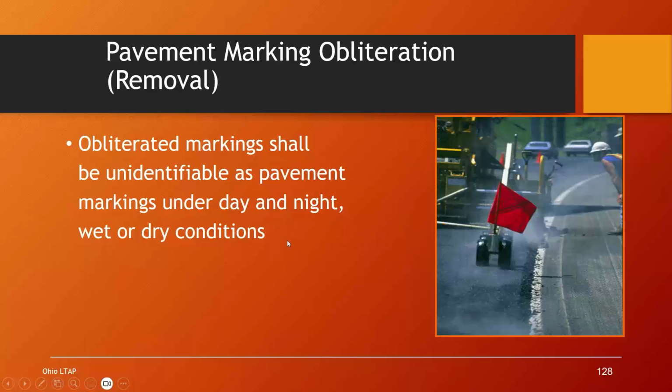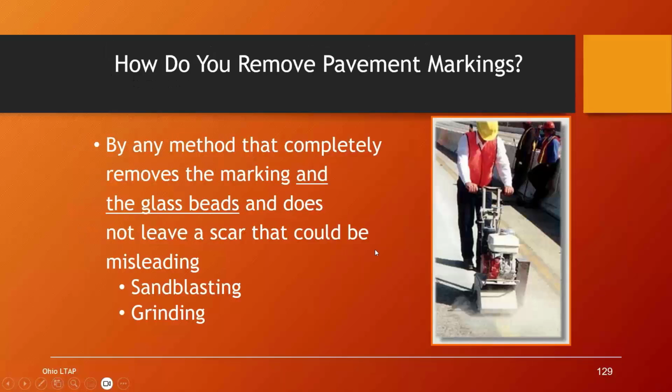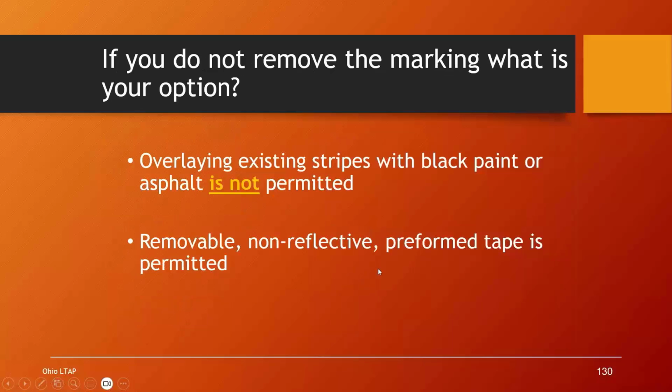There's a word for you. And so how do we obliterate them so that they're not identifiable under day or night, wet or dry conditions? So we have sandblasting and grinding. So we have to completely remove the marking and the glass beads, and not leave a scar that could be misleading.